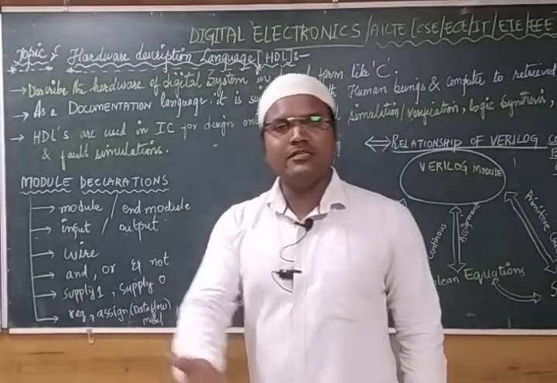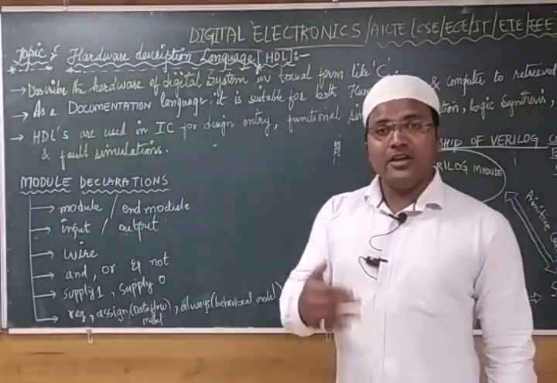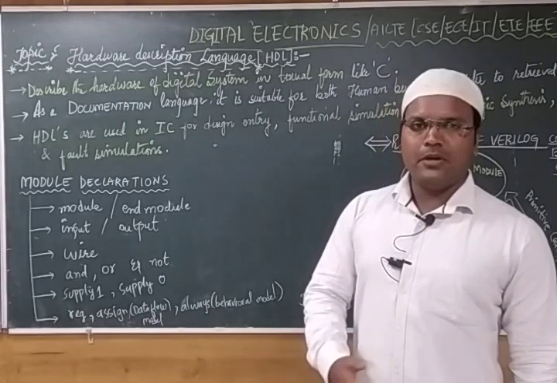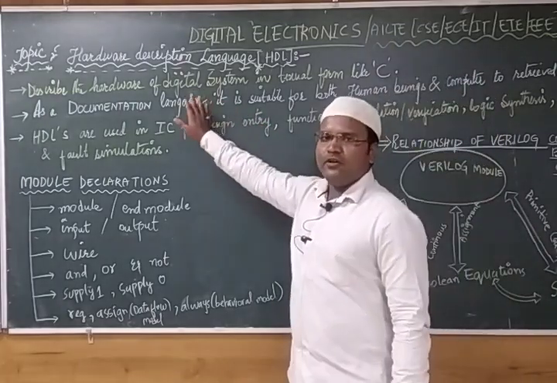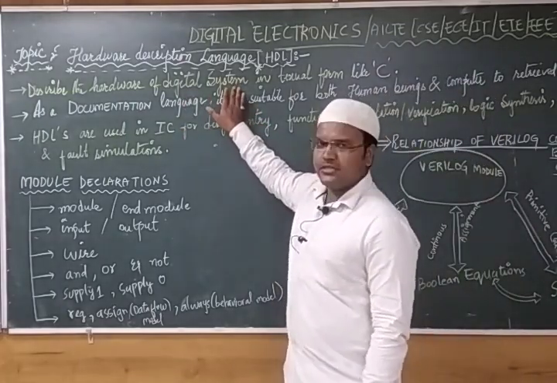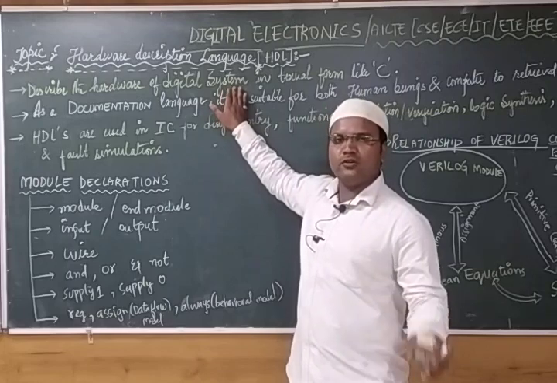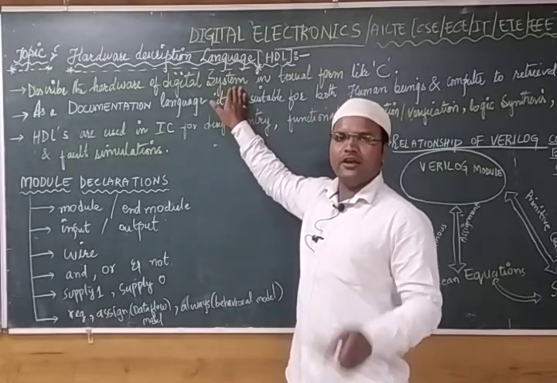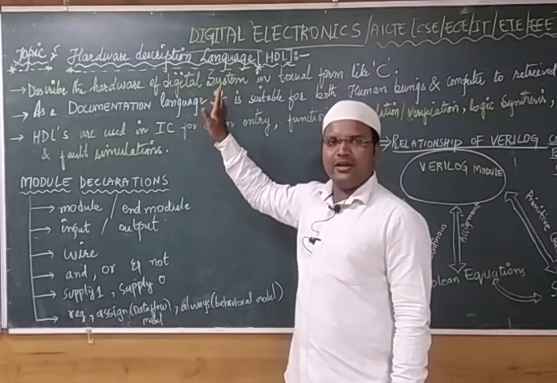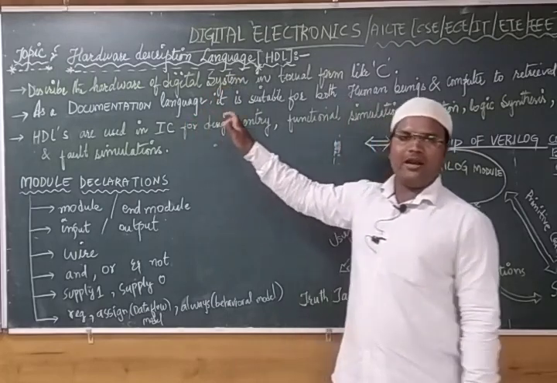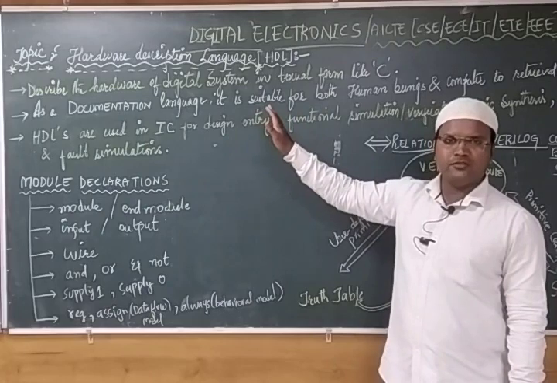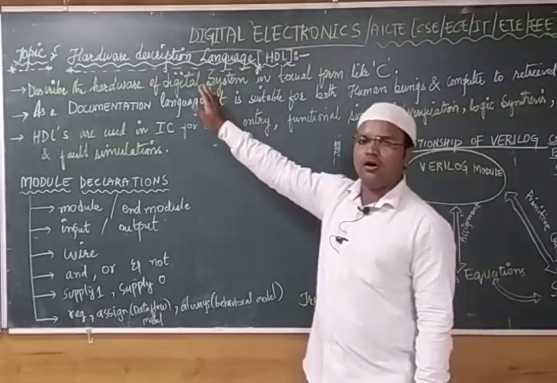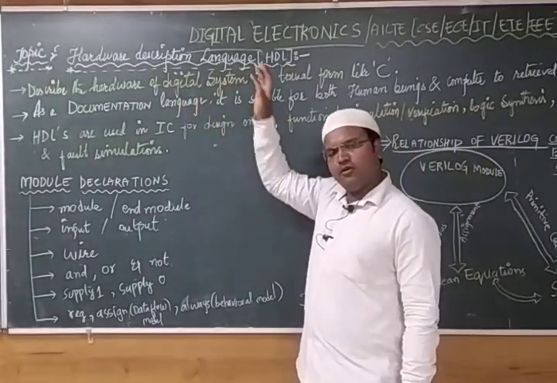Why do we say it is so easy for us to design and understand? Since digital systems have zeros and ones, they are designed by using logic gates: AND gate, NOR gate, NAND gate, universal gates, whatever gates we have seen. It is going to design all types of gates.